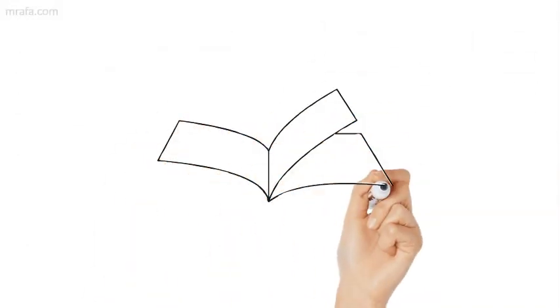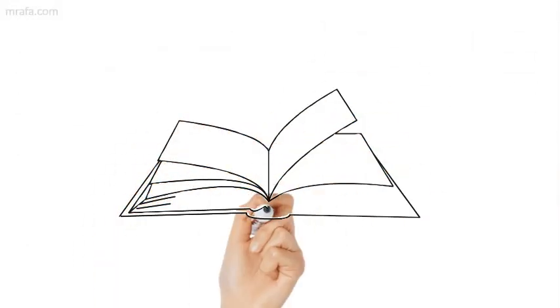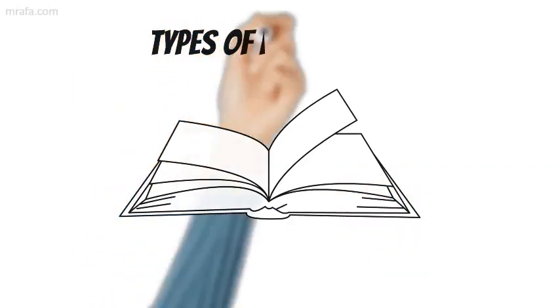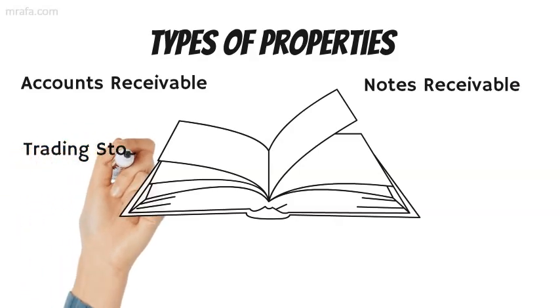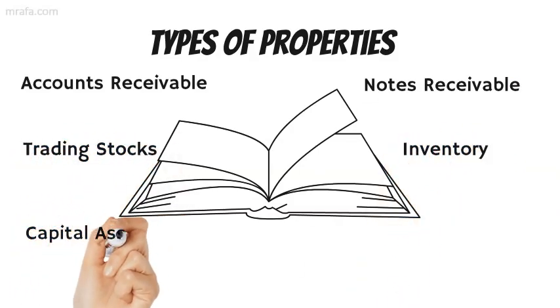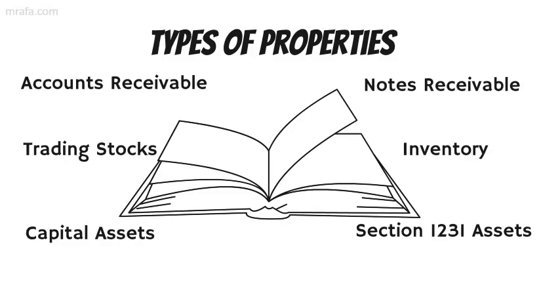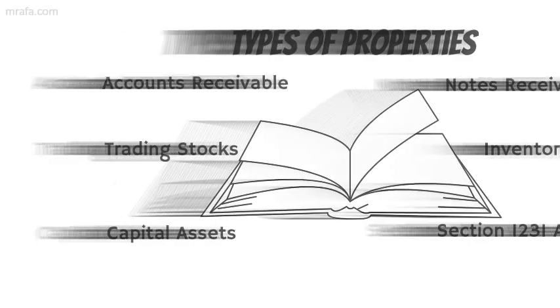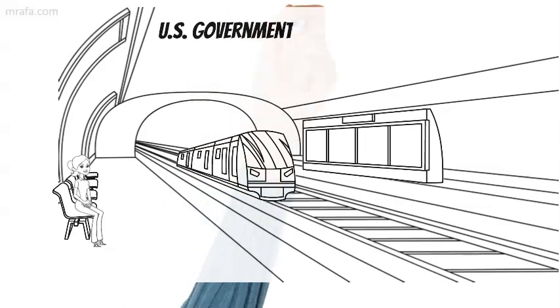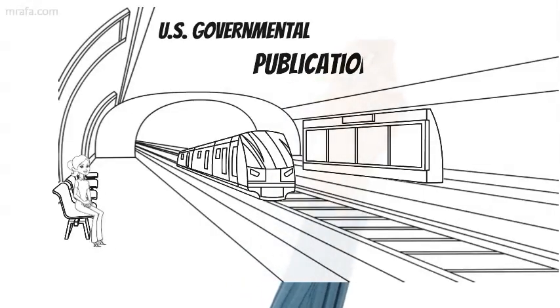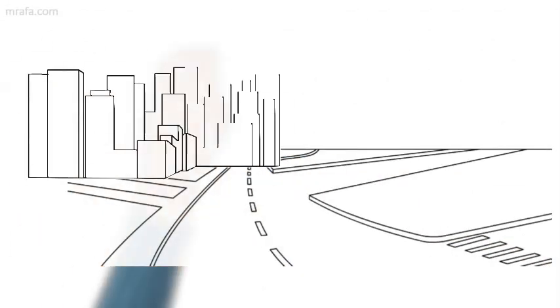Welcome back. In this chapter, we will learn about types of properties under the IRS rules. These are the types of properties: accounts receivable, notes receivable, trading stocks, inventory, certain U.S. governmental publications, property held primarily for sale to customers in the ordinary course of a trade or business, Section 1231 assets, and that includes the depreciable property used in a trade or business.